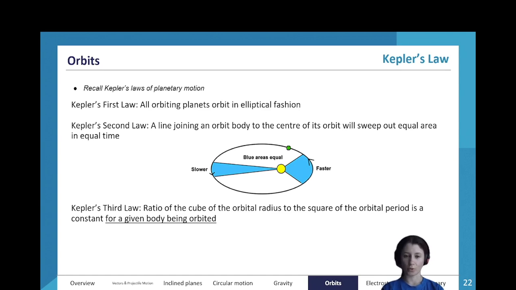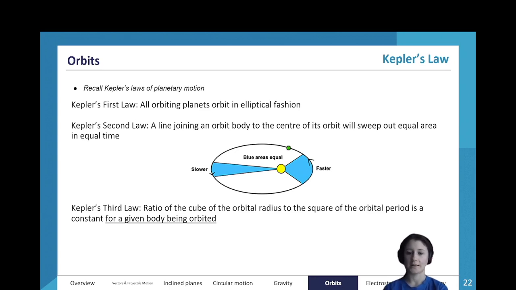Kepler's second law tells us that a line joining an orbiting body to the center of its orbit will sweep out an equal area in equal time. This is the one that most people have trouble with. So, we have a line connecting the sun, as you can see, and those two blue areas are equal.